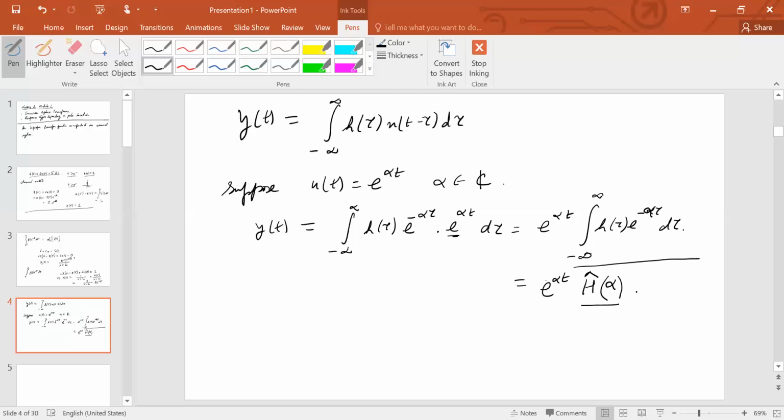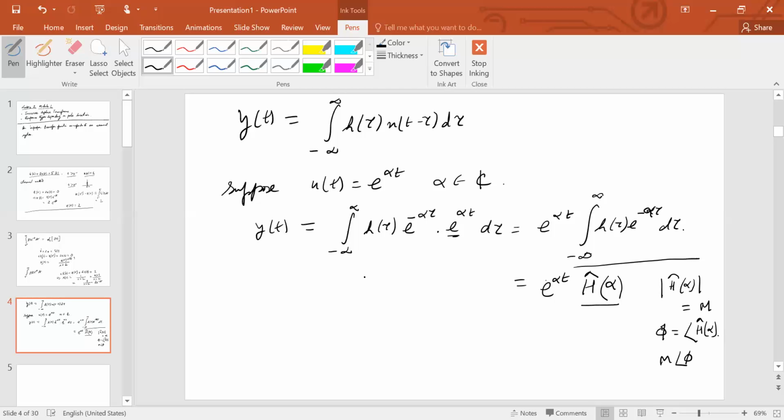So it's a complex variable that has a magnitude. So this has two parts: h hat of alpha, which you can call m, and phi given by the angle. That's how you represent a complex number in polar coordinates, the magnitude m and the phase phi.